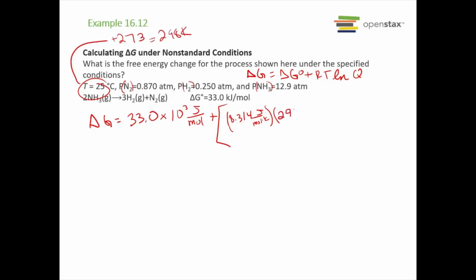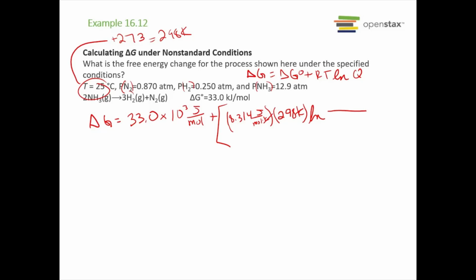So 298 K for T. Times the natural log of Q. And so then this is going to be our equilibrium expression.